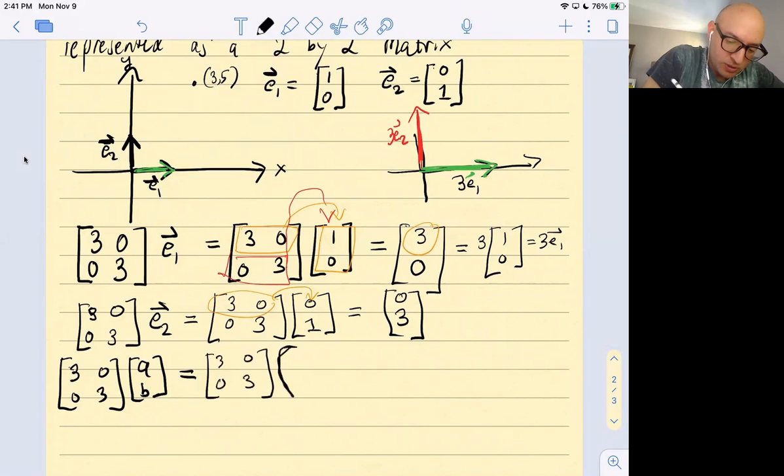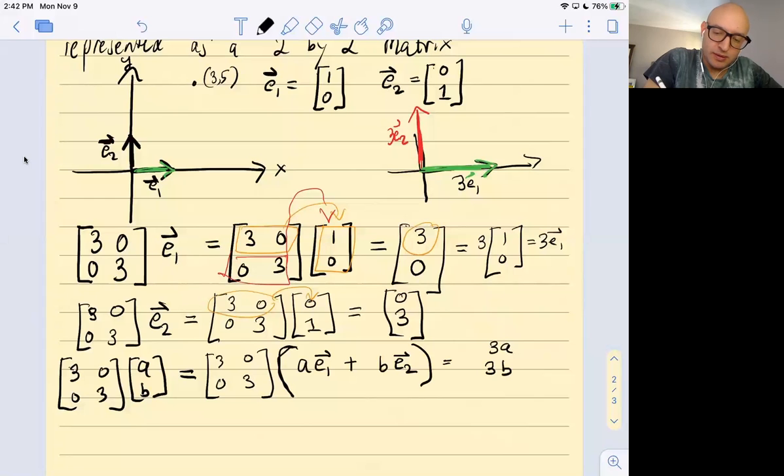You can break it up into a sum like this, A E1 plus B E2. And when you multiply this matrix out, what you'll be left with is 3A, 3B. Or in other words, 3 on the outside times the vector AB.